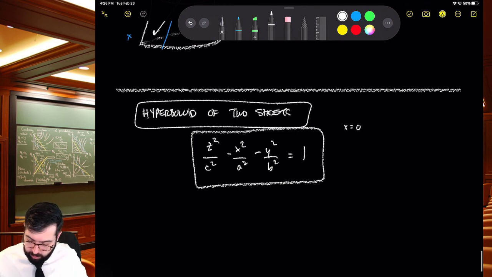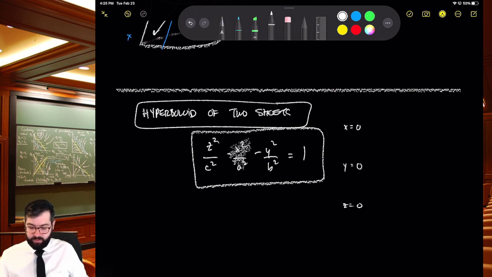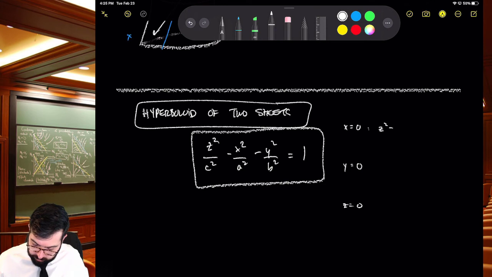And again, think about y equals 0, x equals 0, z equals 0. What are these things going to look like? Well, to be super fast about it, cut out x. I've got a hyperbola in the zy plane: z squared minus y squared equals 1.